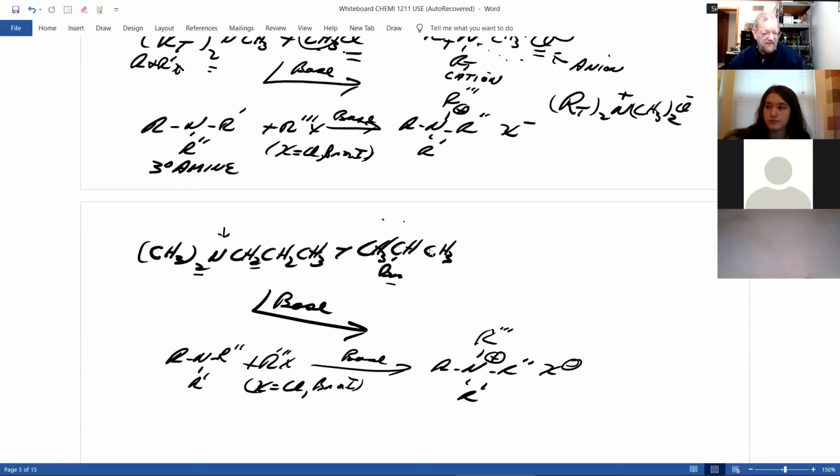And if I look here, there are many ways you can parse this. That's R and R prime, that's R double prime, and that's R triple prime.